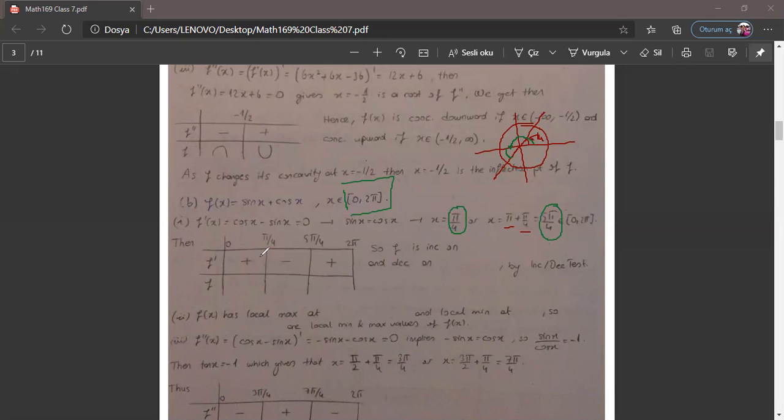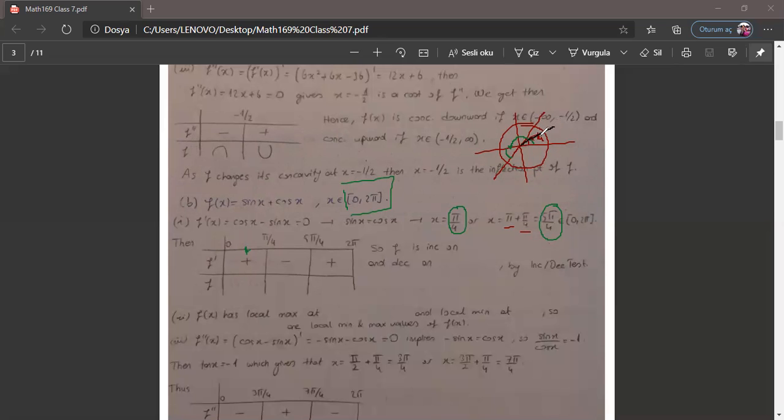We just pick a point here and see if f prime is positive or negative. For example, for the interval 0 to pi over 4, we pick something here, less than pi over 4 and greater than 0.